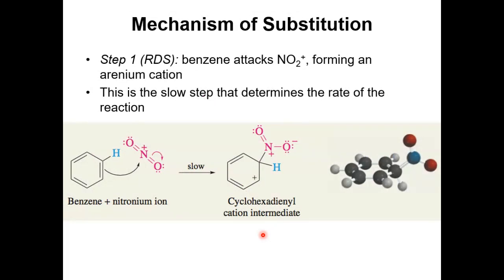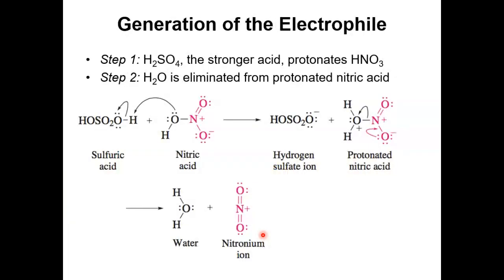Now, I'm gonna do it one time for the entire mechanism for the nitration. Assume that, yes, your question. Yes, about the previous. Does this only apply to protic acids?